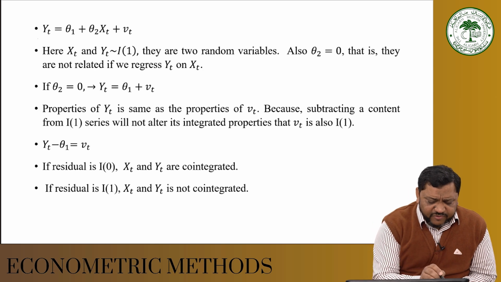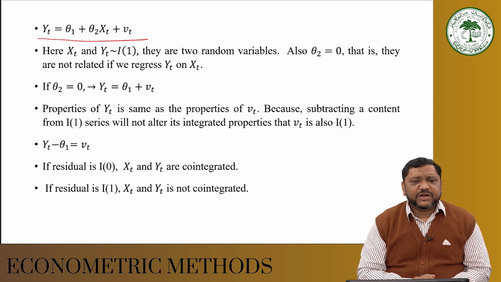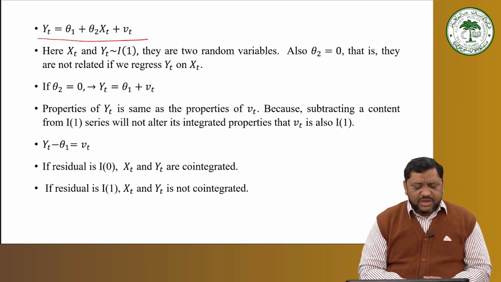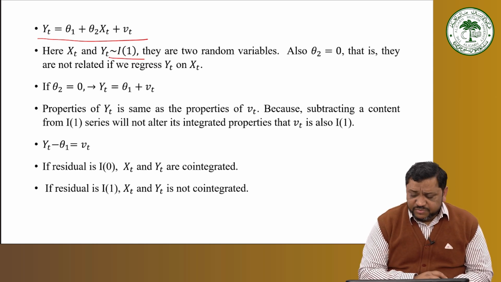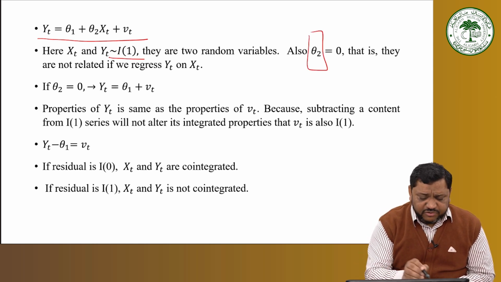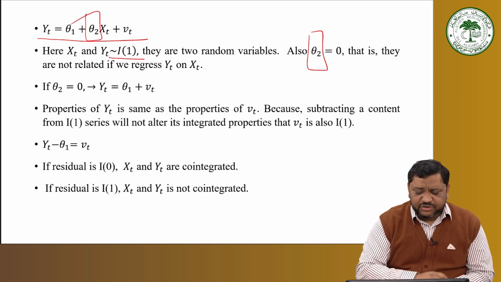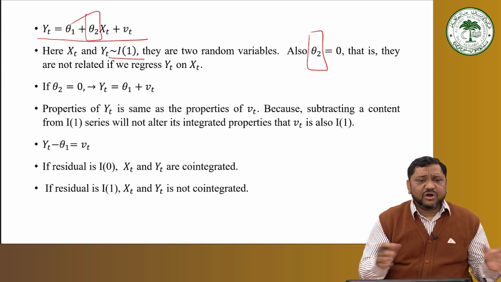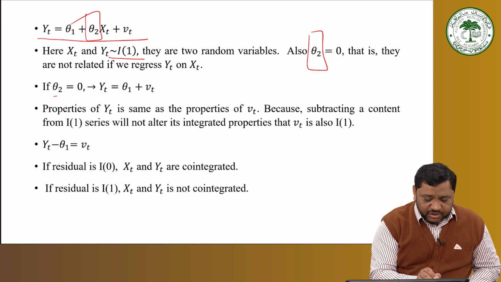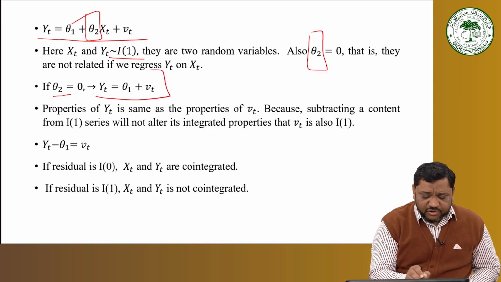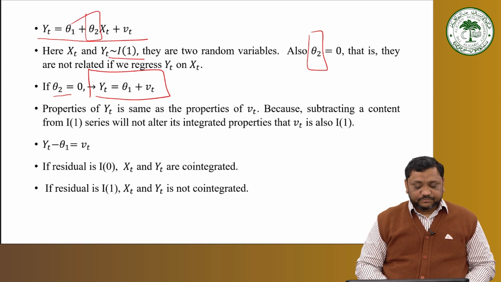So we can say that Yt is equal to theta 1 plus theta 2 xt plus Vt. Here xt and yt are I1, that is, the two random variables. And if theta 2 is equal to 0, that is, they are not related if we regress yt on xt, then we are left with only this one.